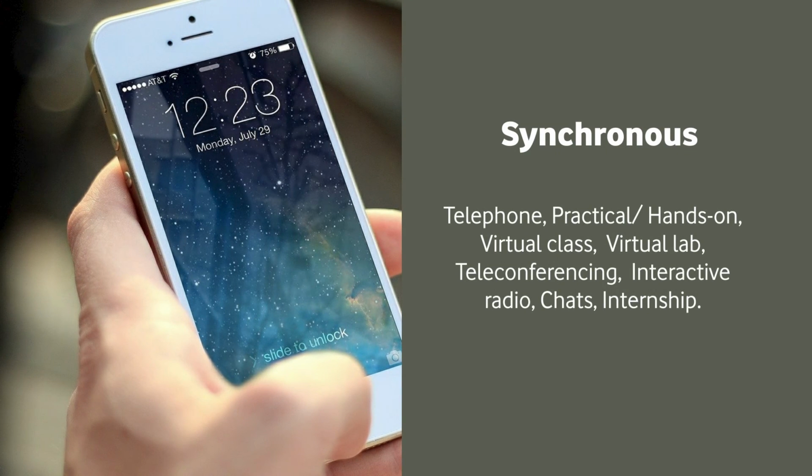It could be same time, different places. So through telephone, practical hands-on, virtual class, for instance, with the help of technologies every week or every day or every fortnight, virtual lab, teleconferencing, interactive radio, chats like Google Chat, for instance, or Yahoo Chat, and internship, all put together, they will be synchronous. Synchronous could be same place, same time, or same time but different places.